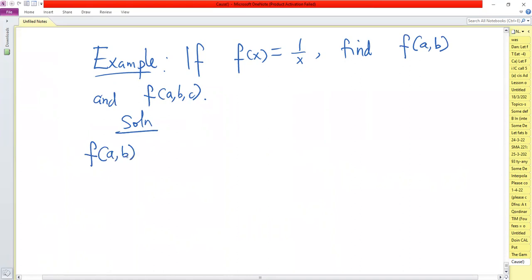the first divided difference of the arguments A and B, which is simply the value of the function at A minus the value of the function at B, divided by A minus B. This is by definition.